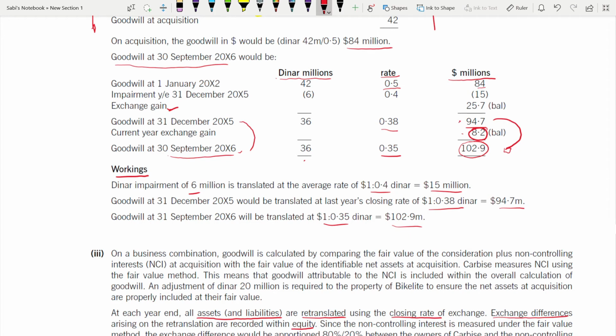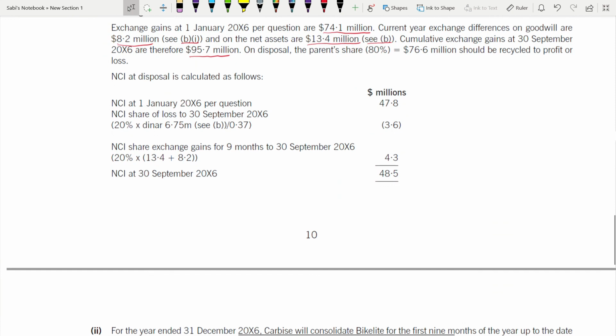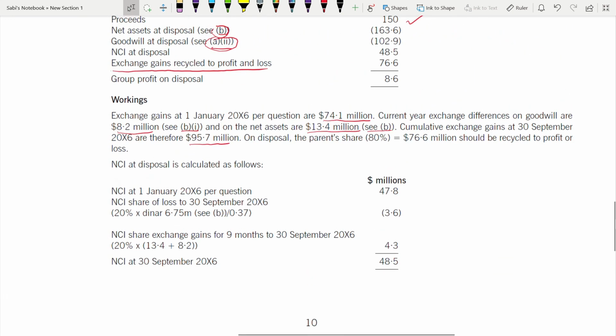Right, goodwill on 31st December 2005, 95.7. On disposal, the parent share, how much is parent share? 80%. Would be recycled to P&L, 76.6.